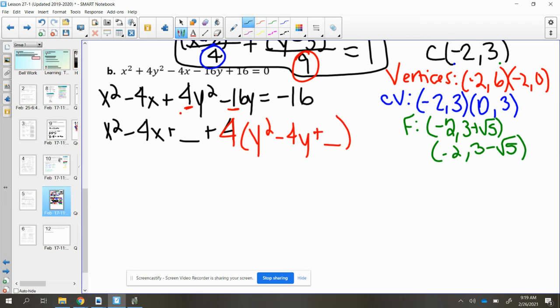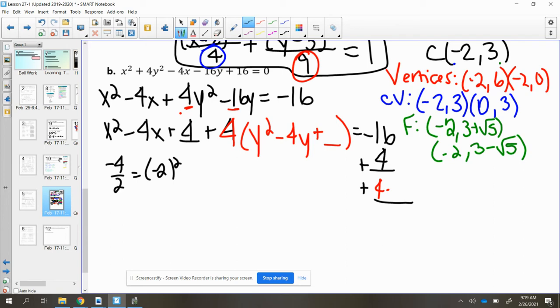So on the other side, we have the -16, and we're going to be adding, again, 2 things to that, and we need to be careful because the second one will be 4 times whatever we added to the blank. So with the x's, we have -4 divided by 2. It's -2. Squared is 4. Add that to both sides. And then be careful.